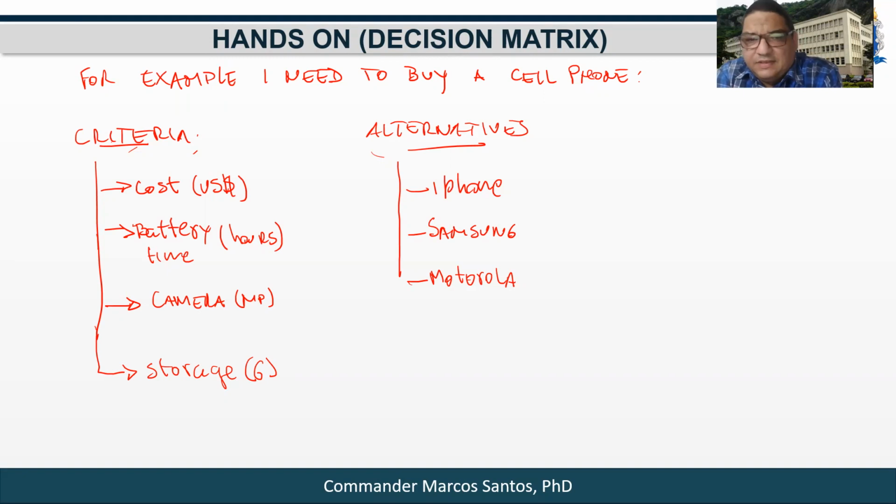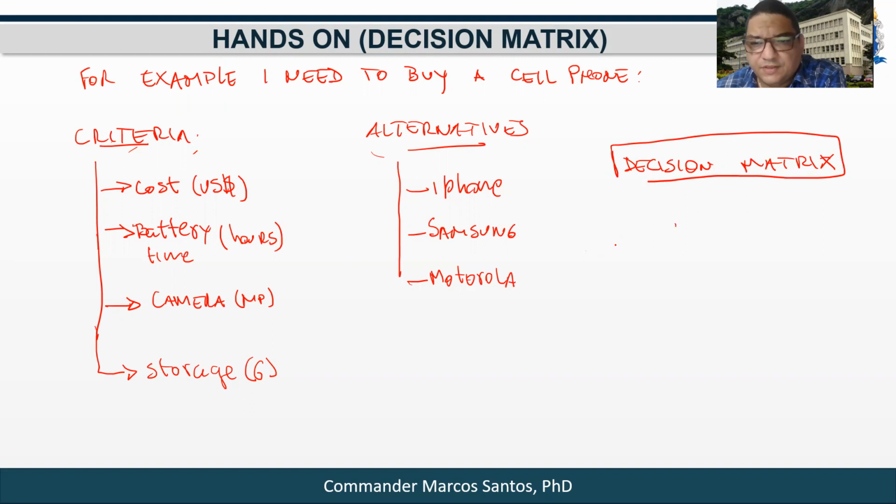So let's see. So now I have the decision matrix. Rows, I have iPhone, Samsung, and Motorola.